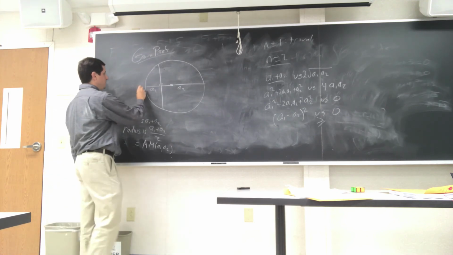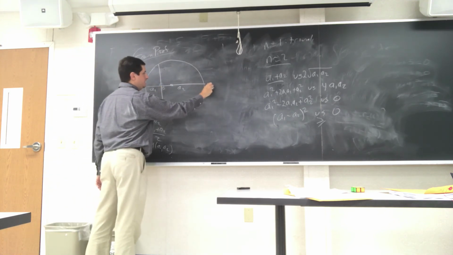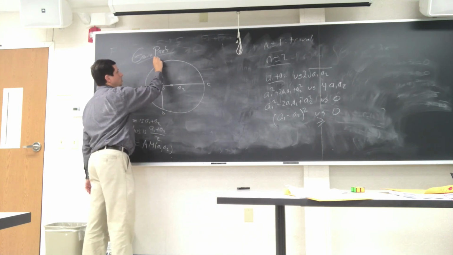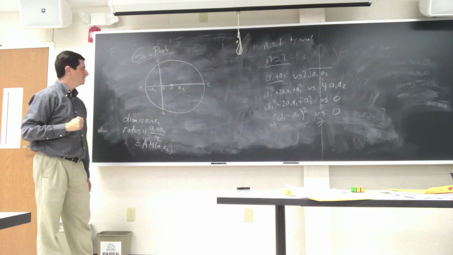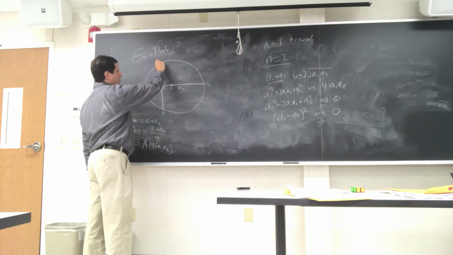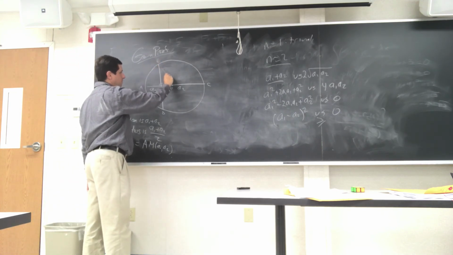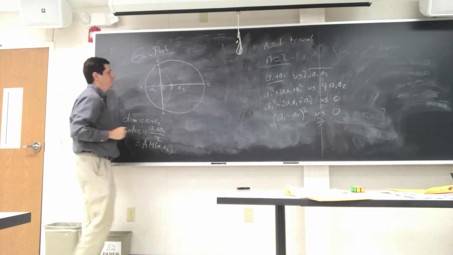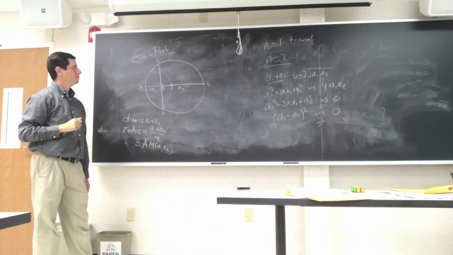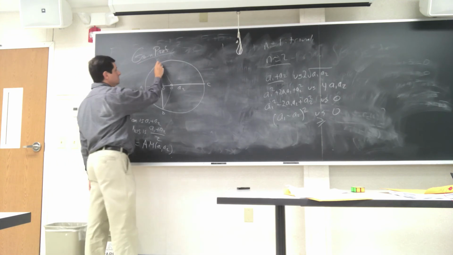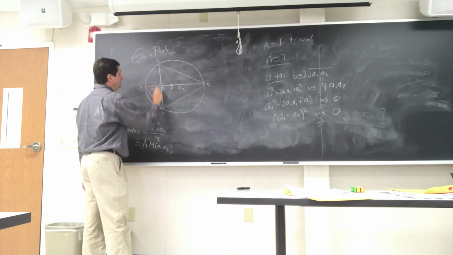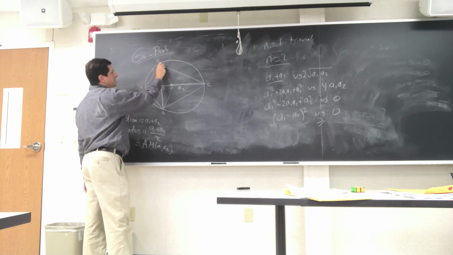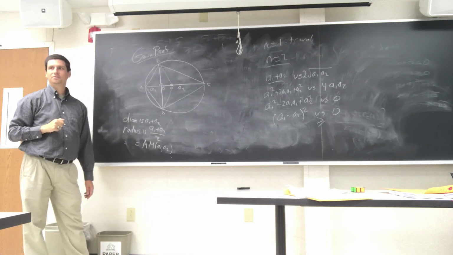If I call these points A, B, C, D, E, and I'll call that O for the center. What other point should I connect? E to the center. All right, that's a possibility. Where else can I connect? E to C. A to D, and A to E. And in fact, that's going to be a right angle up there as well.